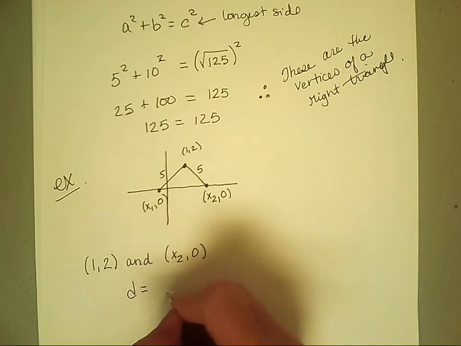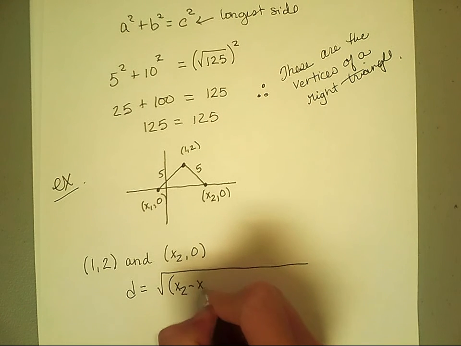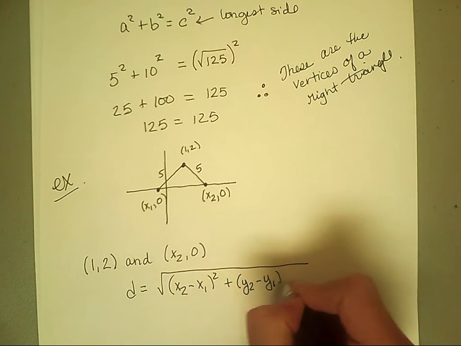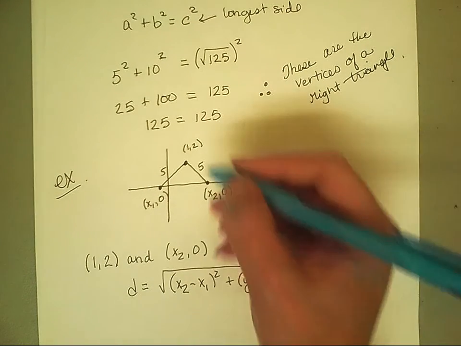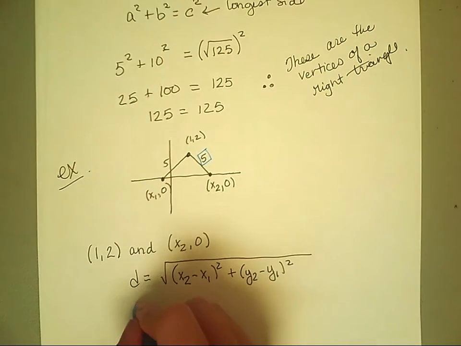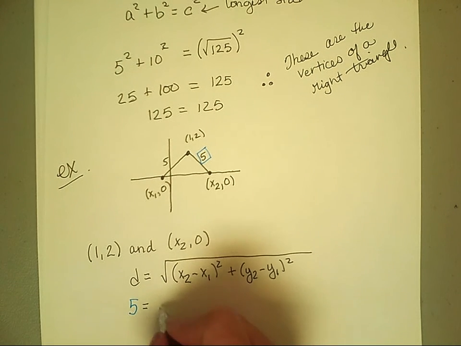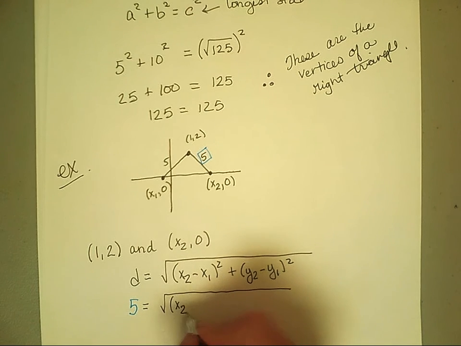well, I know one thing. I know that distance is equal to the square root of x2 minus x1 squared plus y2 minus y1 squared. Well, but I know this distance is 5 because we've said that. So 5, and then the square root. Now x2, I don't know what it is.